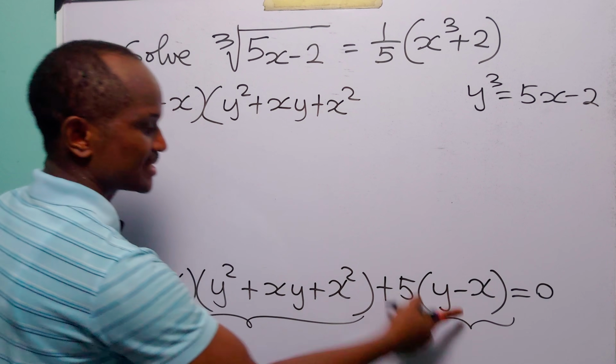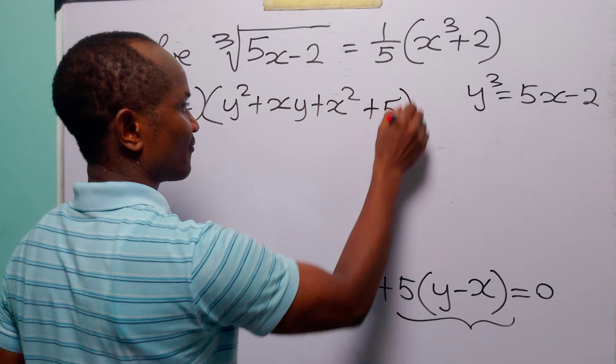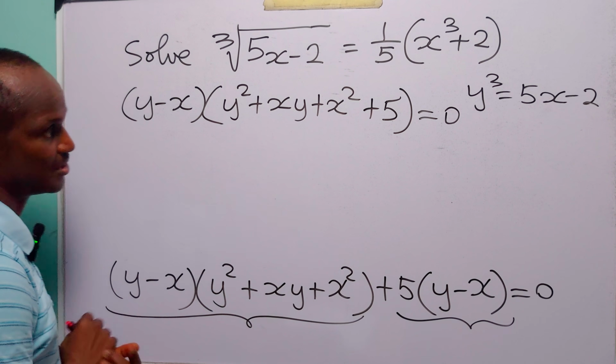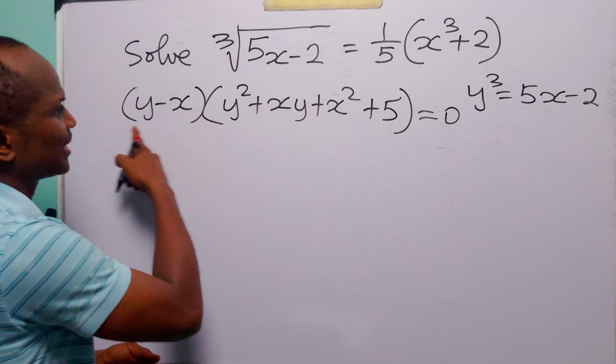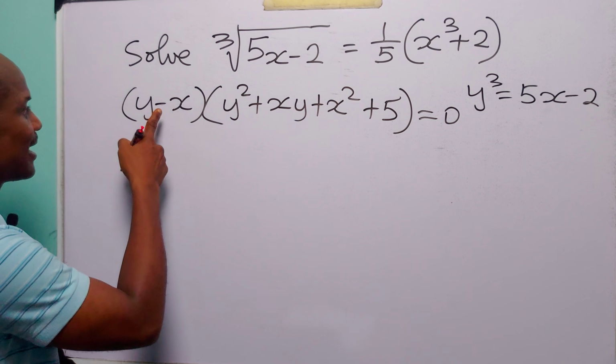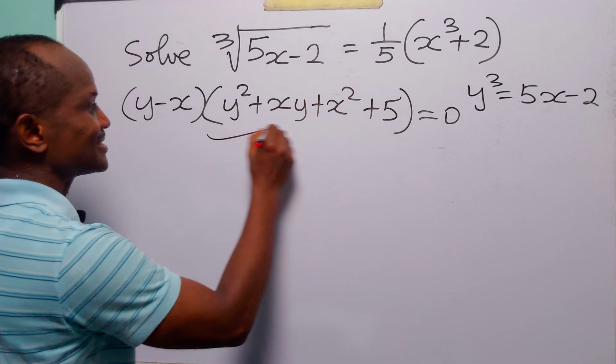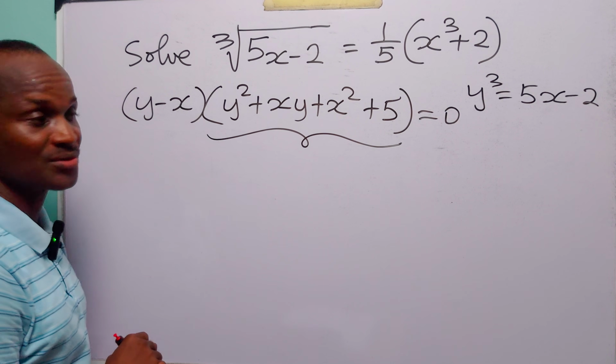And when we divide this by y minus x, we are left with plus 5, and this is equal to 0. And now that we have factorized the left hand side, it's very easy to see that either y minus x is equal to 0 or this expression is equal to 0.